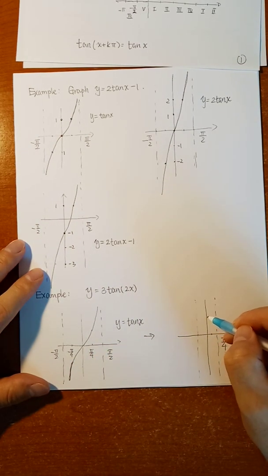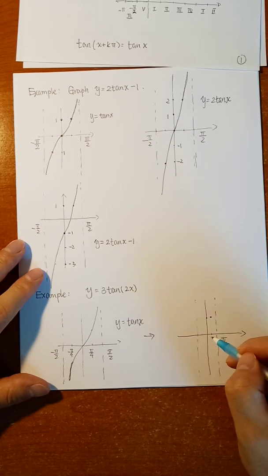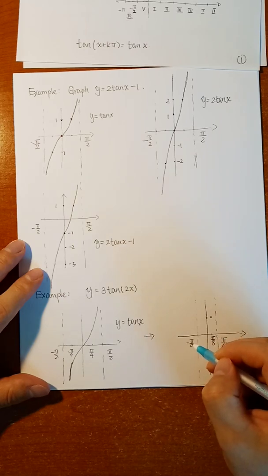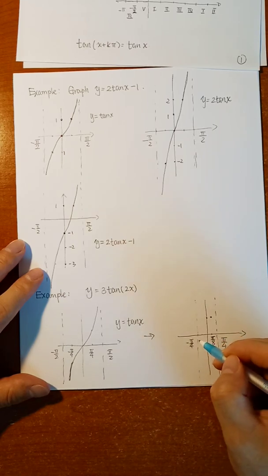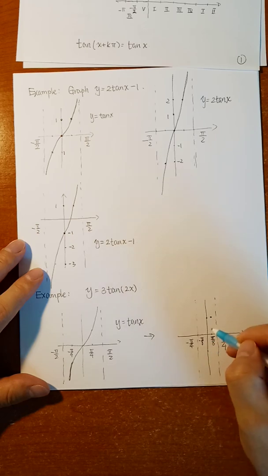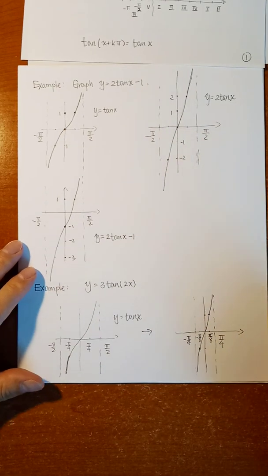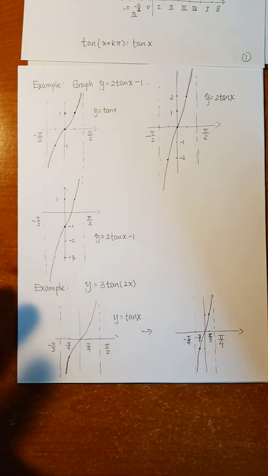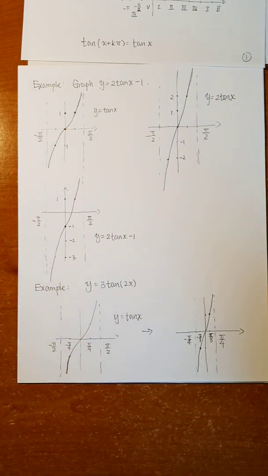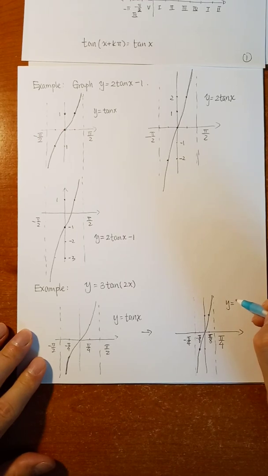Pi over 8 is 1. And negative pi over 8, the number will be very small. Will be negative 1. And you stretch it this way. Okay, so horizontal compression makes this very, very thin. This is y equal to tangent of 2x.